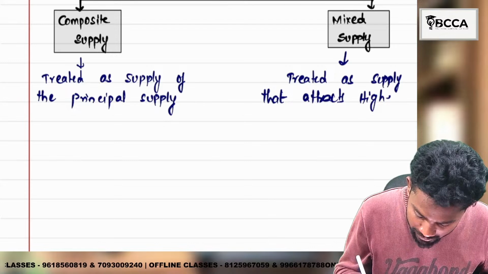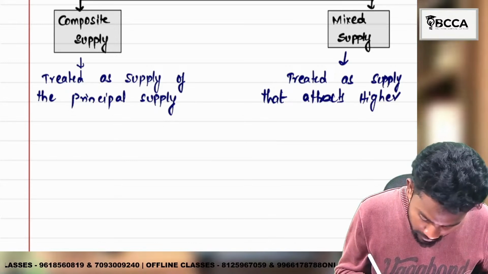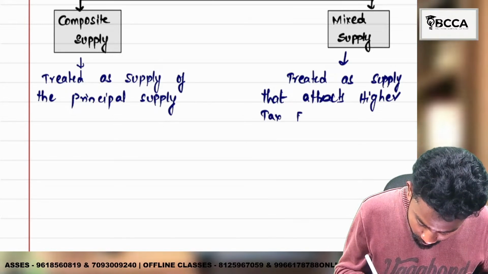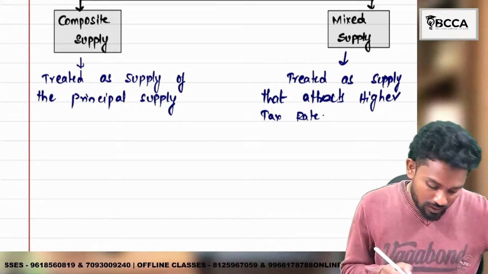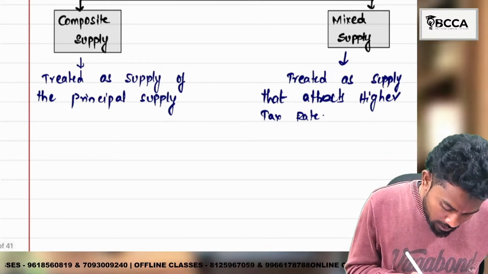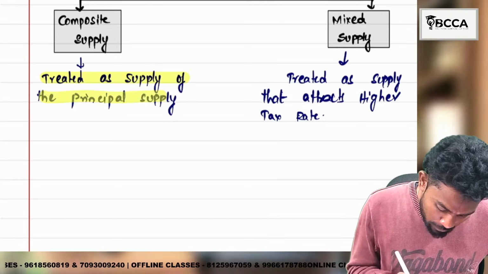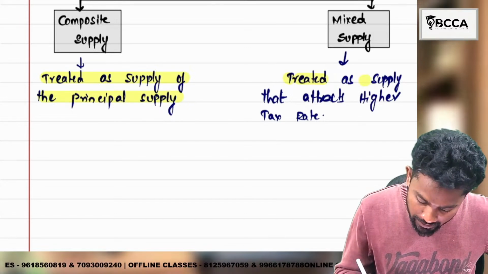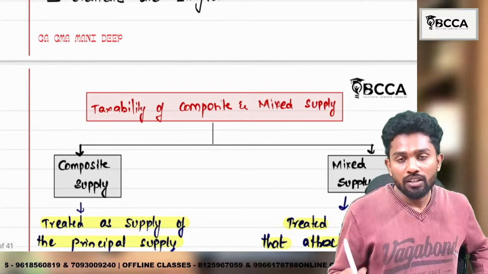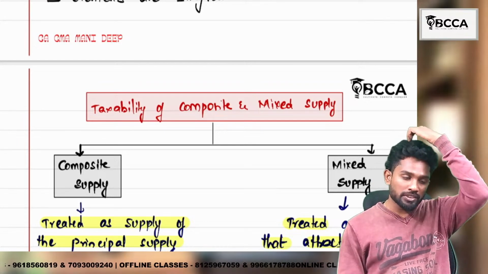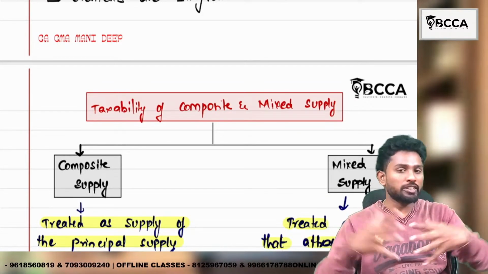So, composite supply is treated as the supply of the principal supply, and mixed supply is treated as a supply that attracts the higher tax rate. Now the example of mixed supply: there is no perfect combination for them.